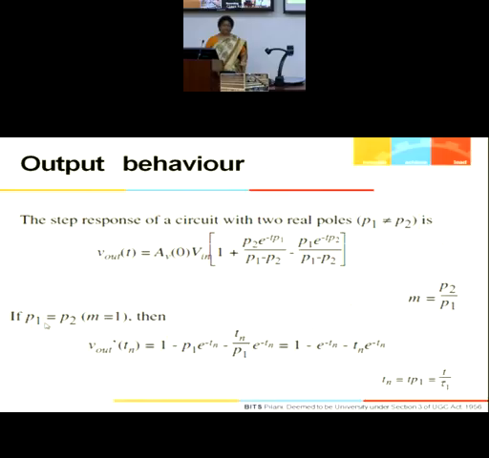Now you may have a very rosy situation, P1 equal to P2. We try to find different ways of looking at the solution. What if the two poles are the same? They come to the same location. If P1 is equal to P2, this equation simplifies to this.